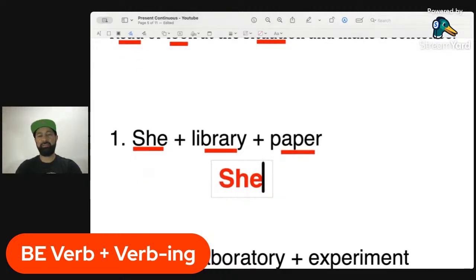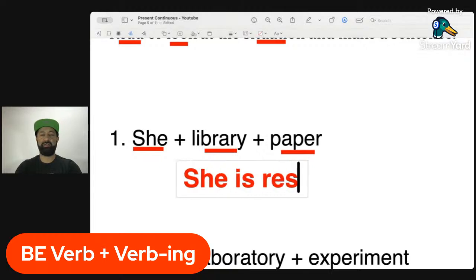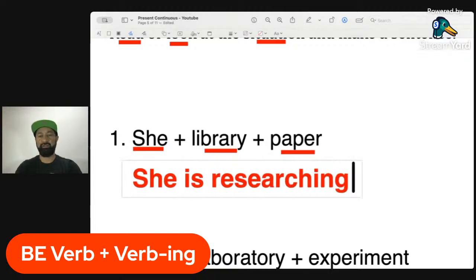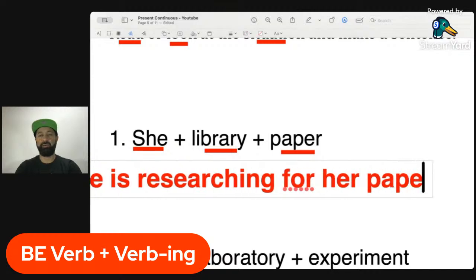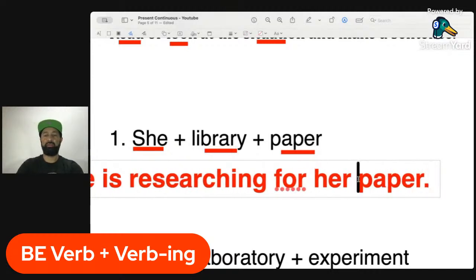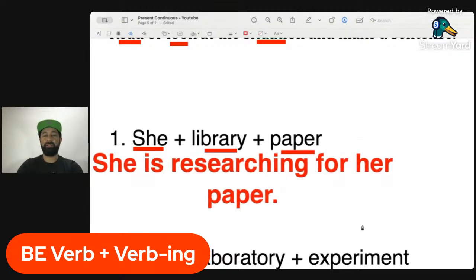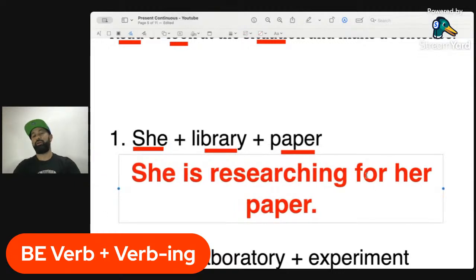So maybe she is researching for her paper. Okay. She is researching for her paper. Again, there can be many different answers. So please feel free to share your answer with me.